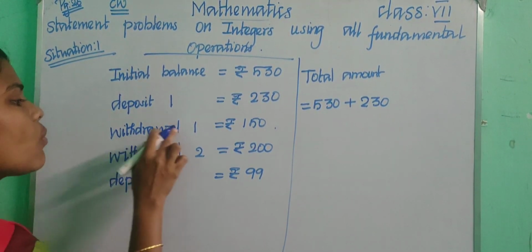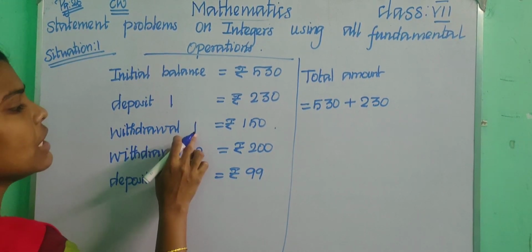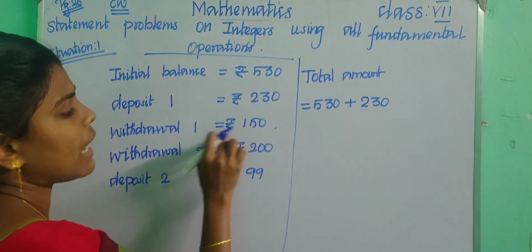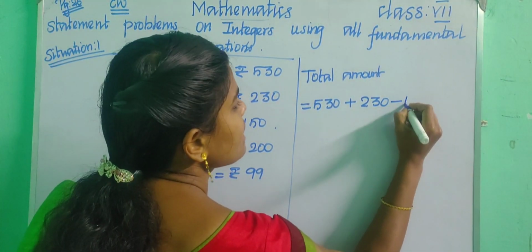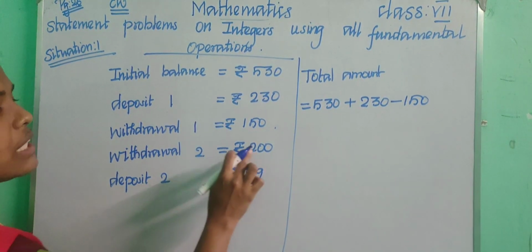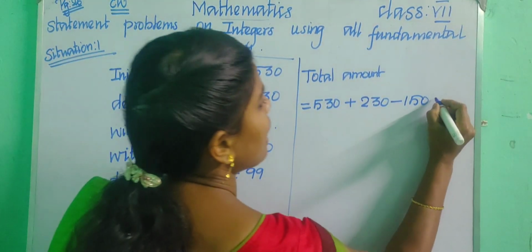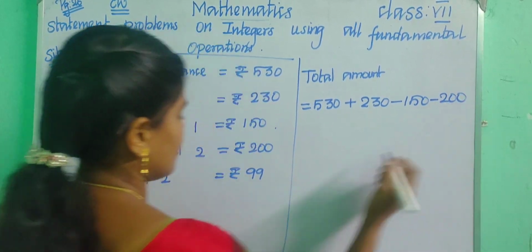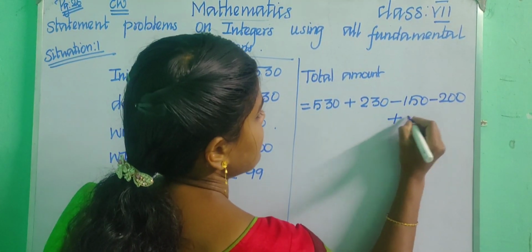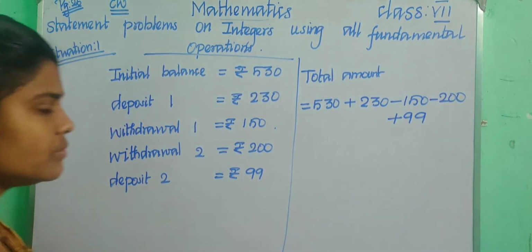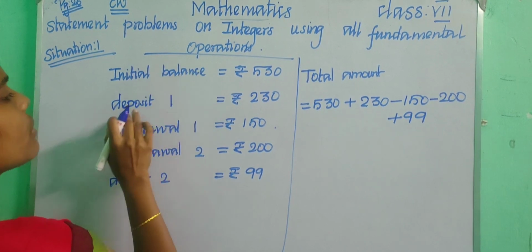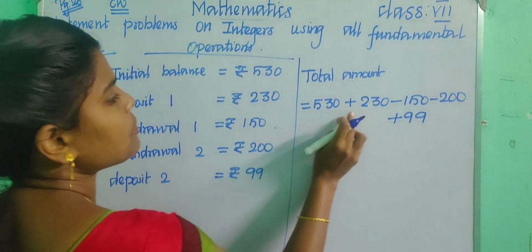Then withdrawal 1: withdrawal means he is just taking it back, so we need to put minus 150. Again he is withdrawing rupees 200, so again minus 200. And at the last he is depositing rupees 99, so plus 99. So 530 is the initial balance, and then 230 is the deposit, so plus 230.